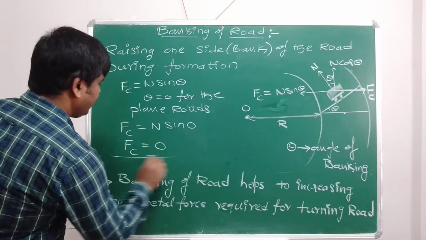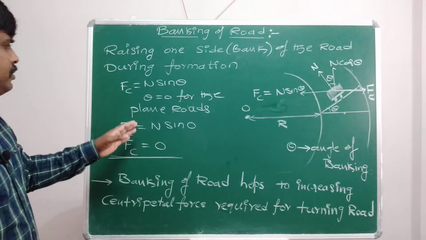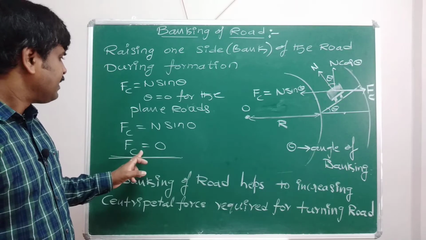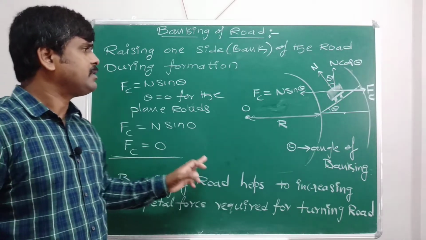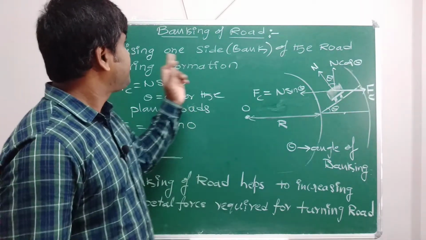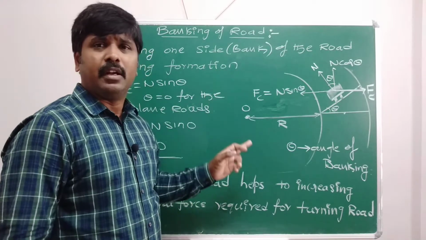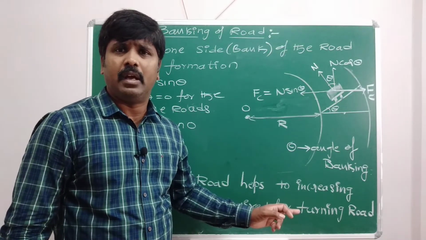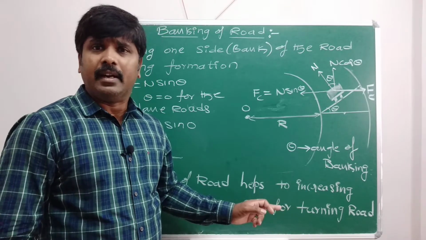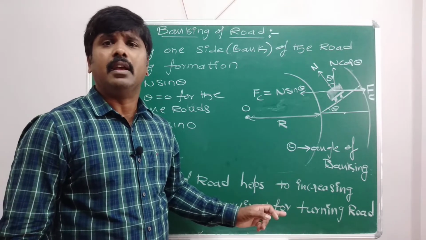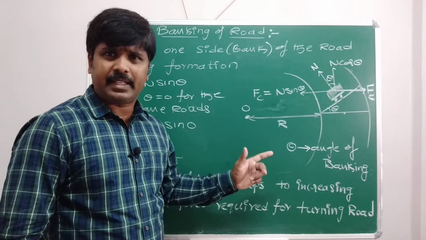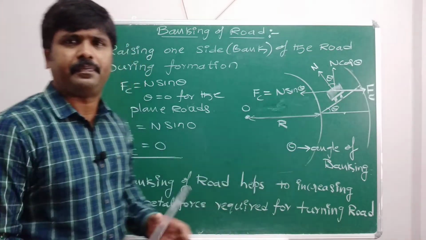So on the flat road, on the plane road, the centripetal force is 0. That's why we use the angle of banking to increase the centripetal force for turning vehicles on the circular road. Just a second, I will continue.